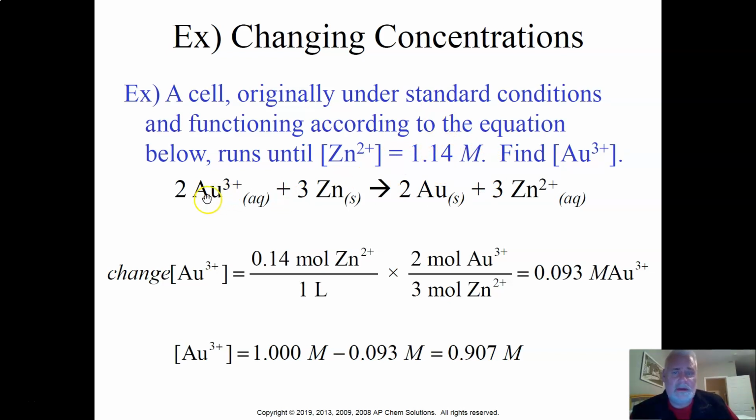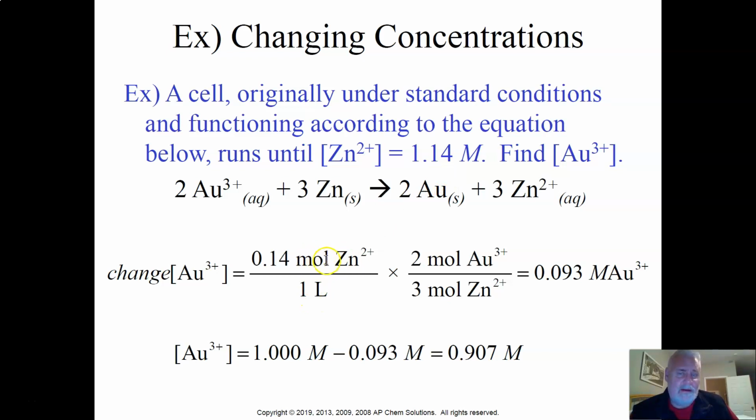All right, so you've got this nice reaction. It's already balanced here for you. Shows the molar ratios. So you want to find the change in gold. What you can do is essentially start with the 0.14 moles that it increased.